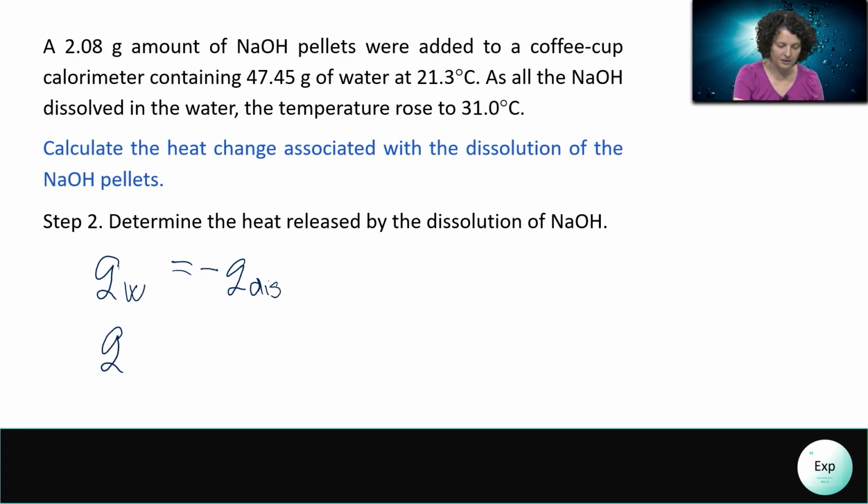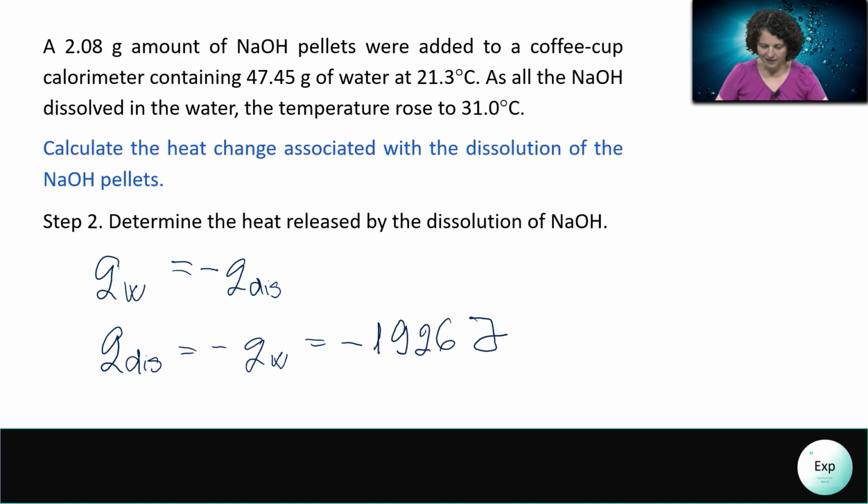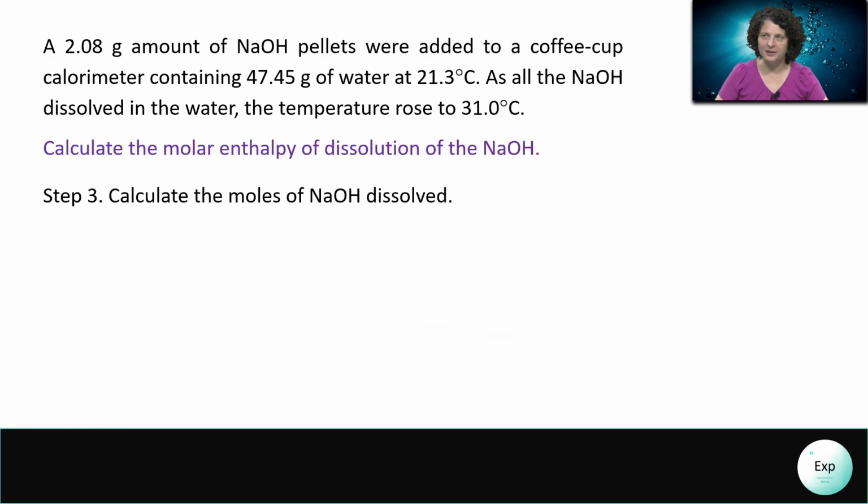So there we find that the heat of the dissolution is minus the heat of the water, which is minus 1,926 joules. We are ready for step 3, which requires us to calculate the moles of the sodium hydroxide dissolved.